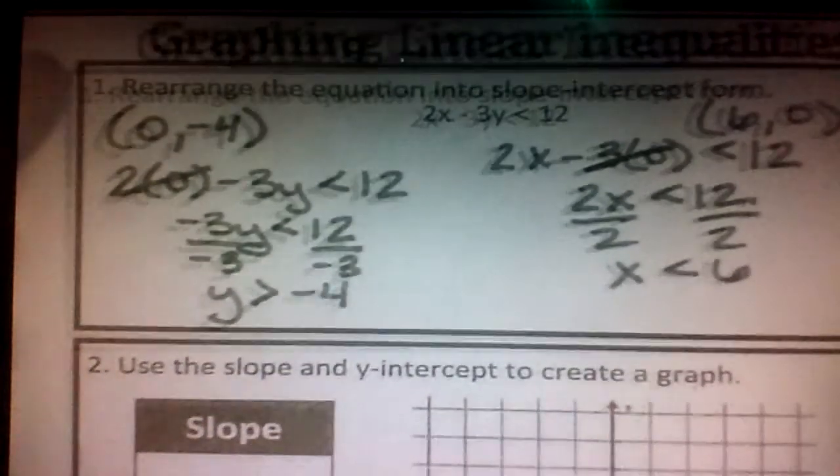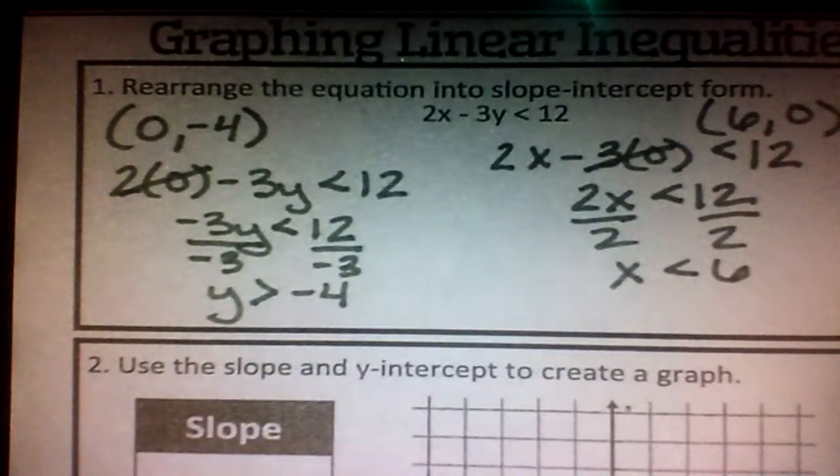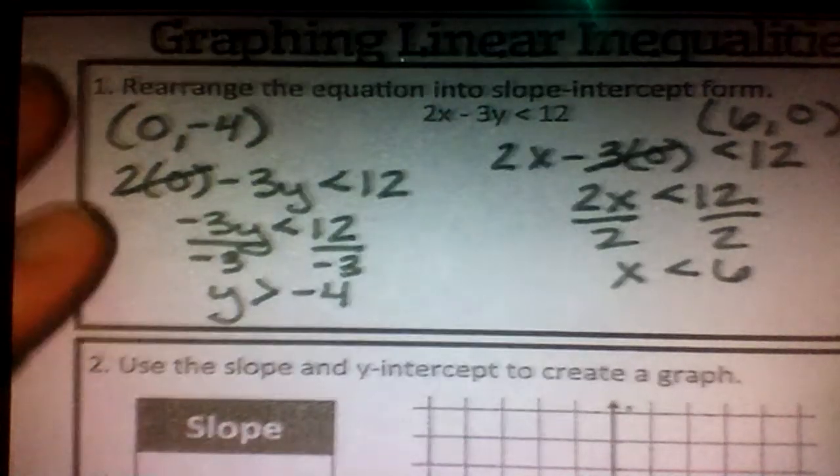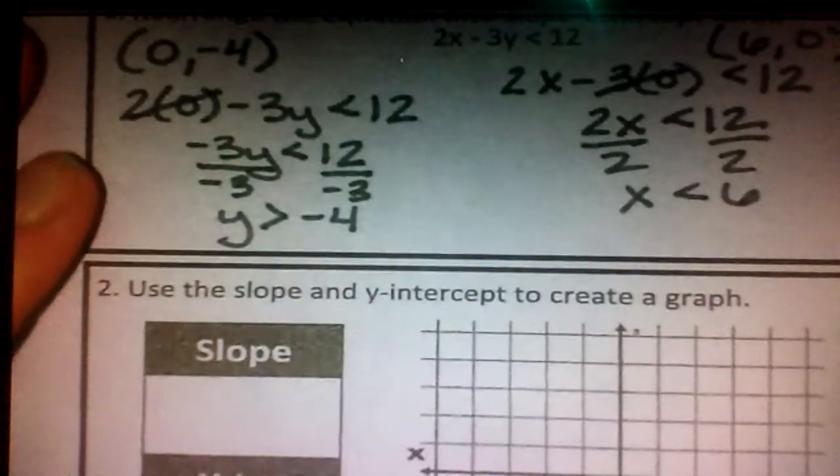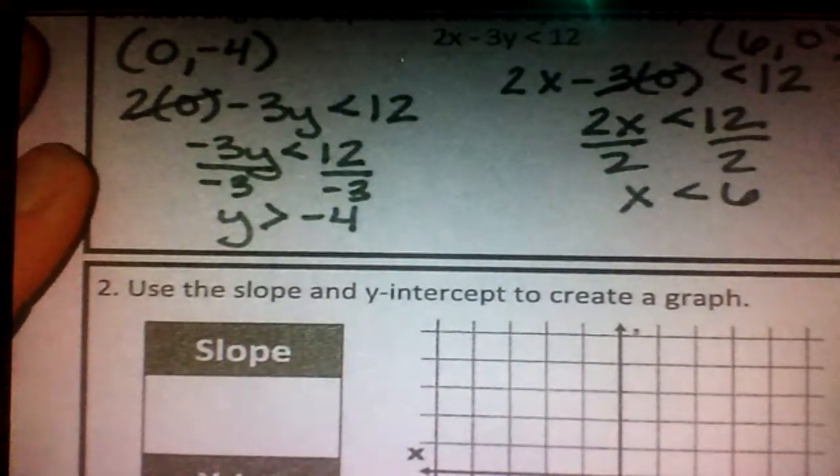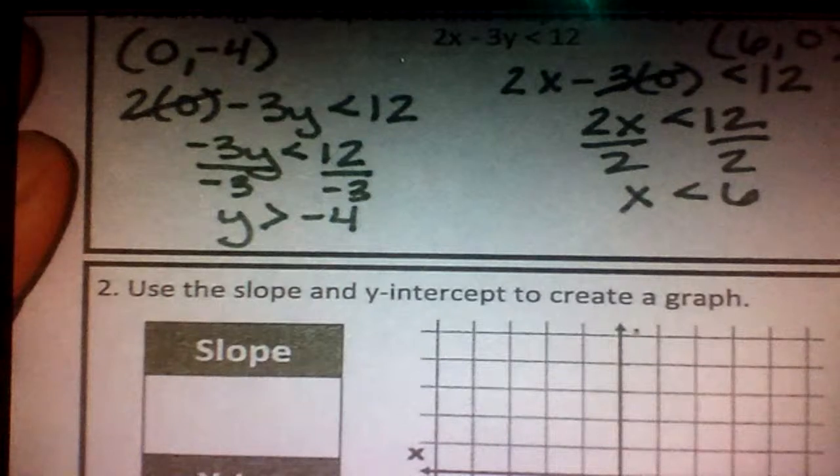Plot both of those points, but do not draw your line. On the graph in number 2, plot those points. So 0, negative 4: 1, 2, 3, 4. And 6, 0: 1, 2, 3, 4, 5. That one's going to go off the graph.